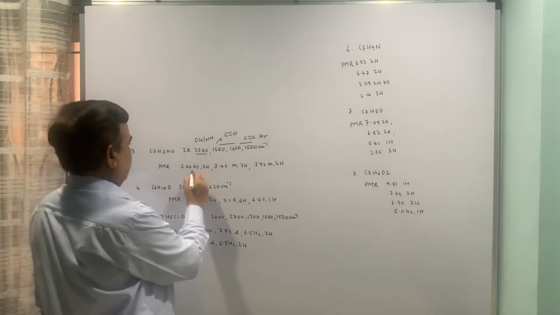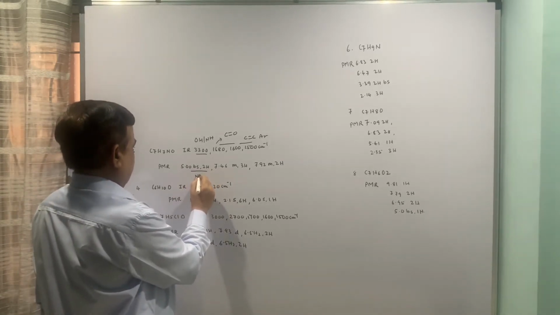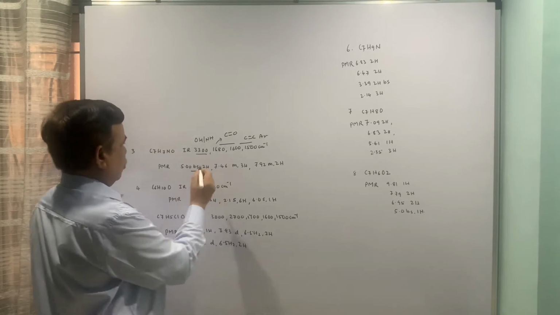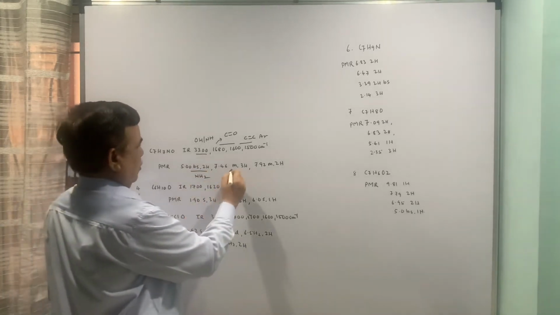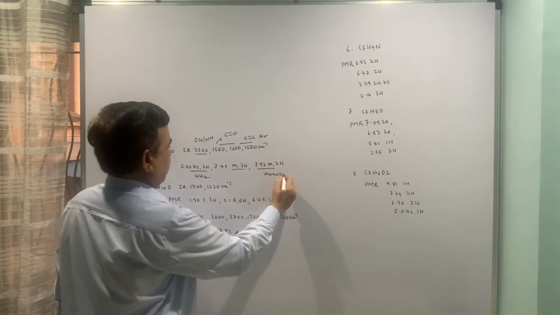Okay, then this is NH2 because 2 protons are there, 3 and 2 5, so it is mono substituted ring.